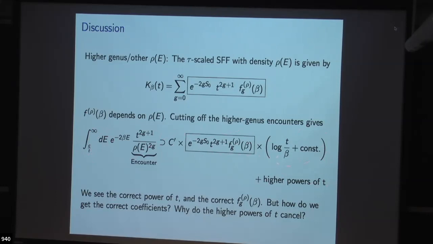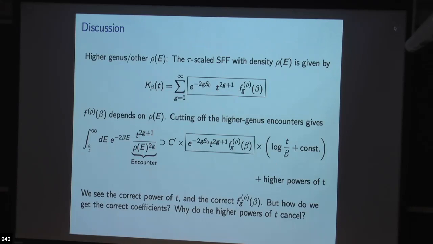So this is like what we saw for the 3 encounter, 2 encounter. There's a log, a constant. But now the coefficient has powers of t we expect in k beta, as well as this whole set of coefficients. So this whole cutoff procedure is giving us the right ingredients for the correct answer for k beta of t, even at higher genus or beyond this Airy model where we have more general rho of E.